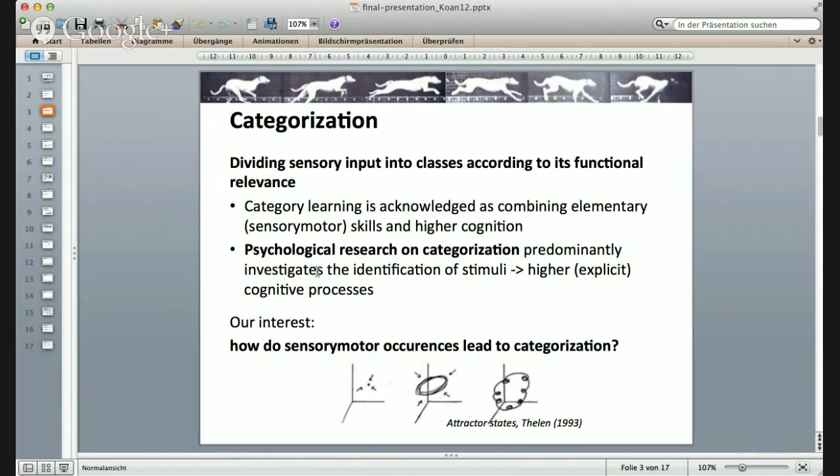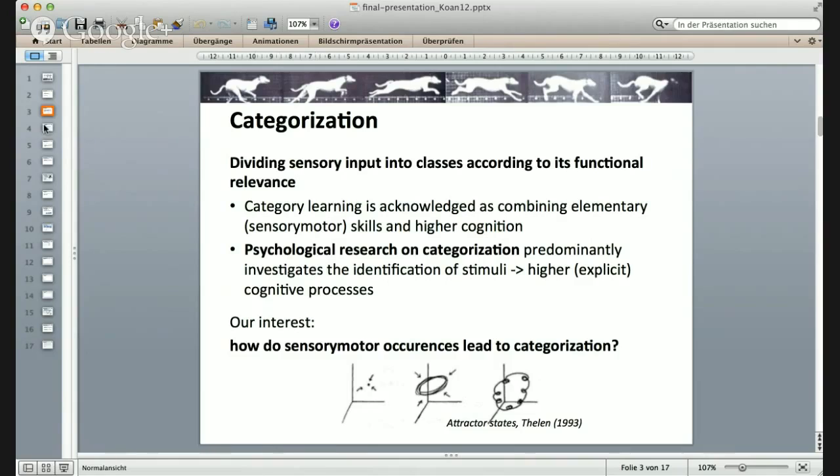And that's the second thing, what is usually investigated in psychological research with the interest on higher cognitive processes. But our interest was really to go to the bottom, to the basis, and see how sensory motor occurrences lead to categorization.